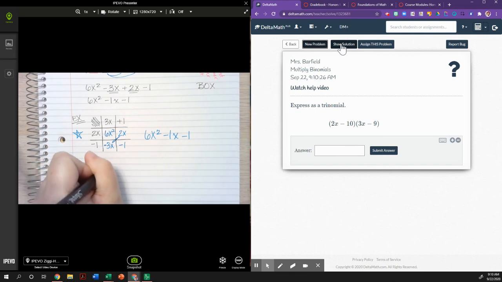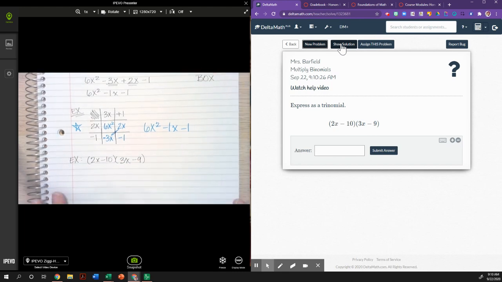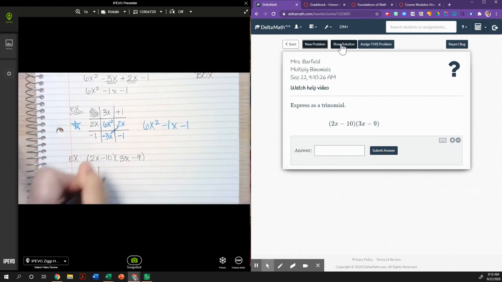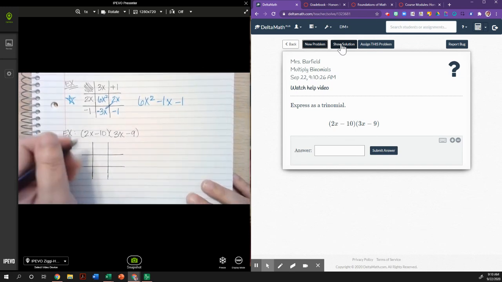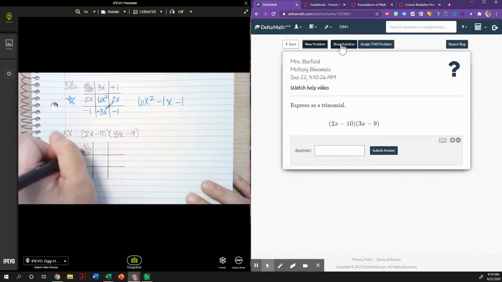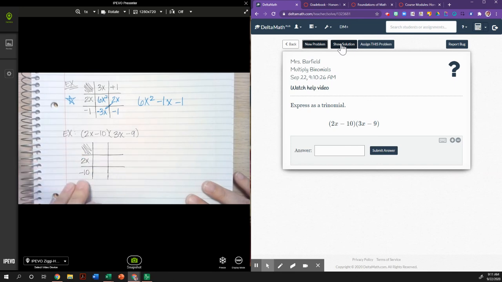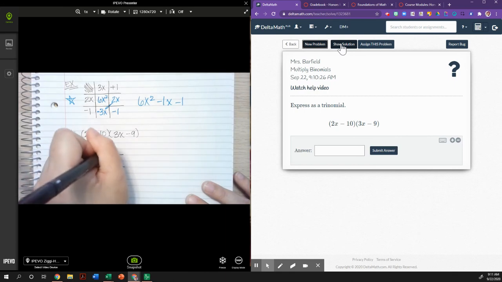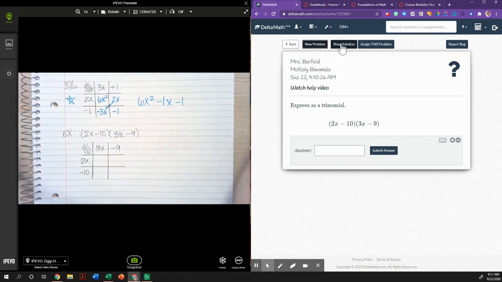So 2x minus 10, 3x minus 9. I'm going to set up my tic-tac-toe. Now, I actually draw this a lot faster when I'm doing the problems on my own. I just go and keep going. Nothing will go here. I can put 2x minus 10 here, and then I can put 3x minus 9 here.